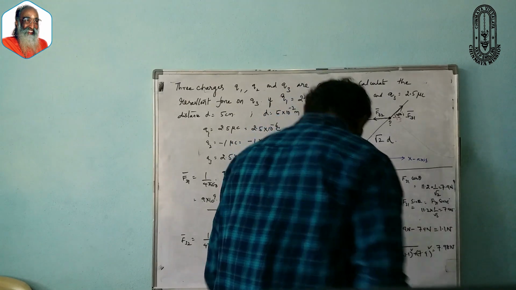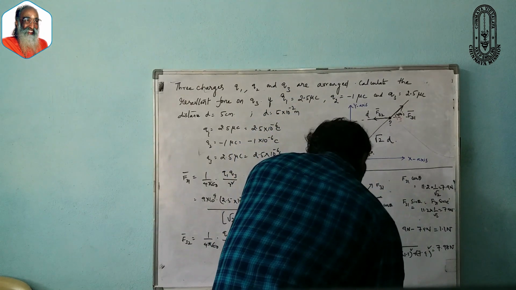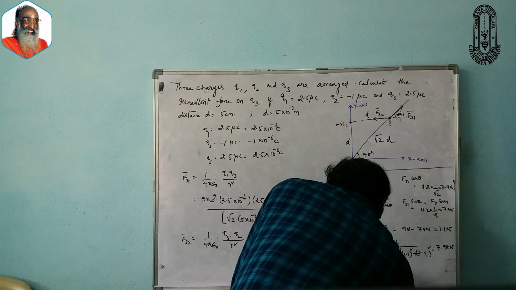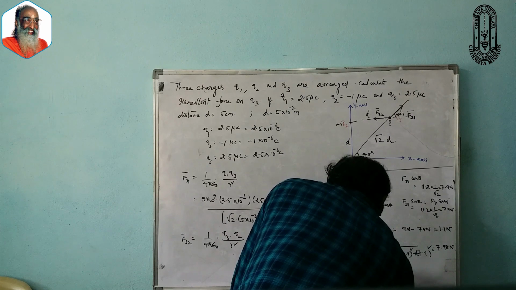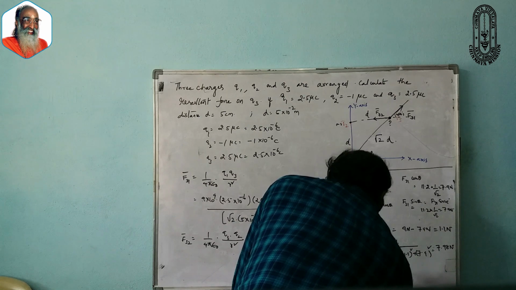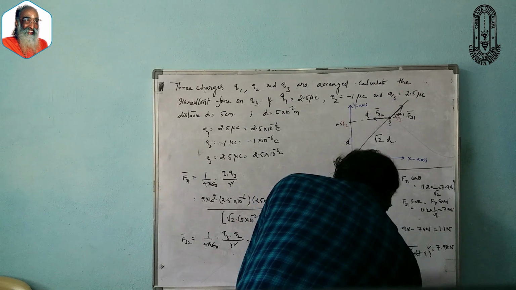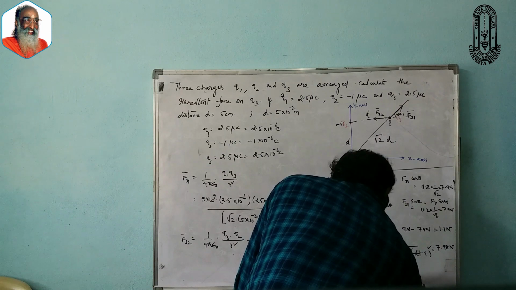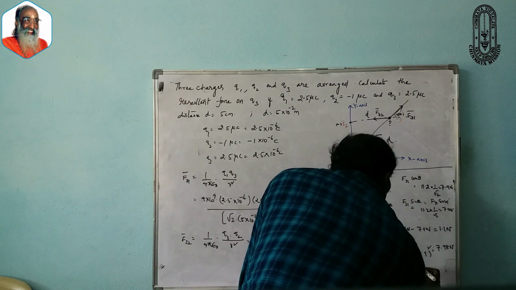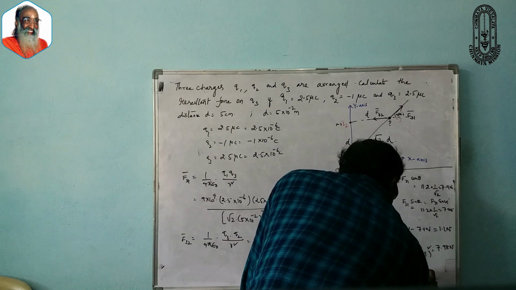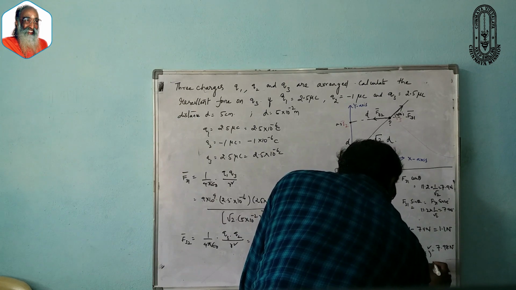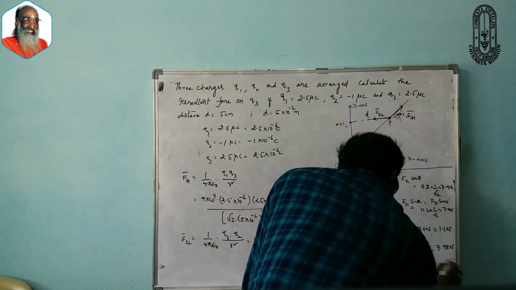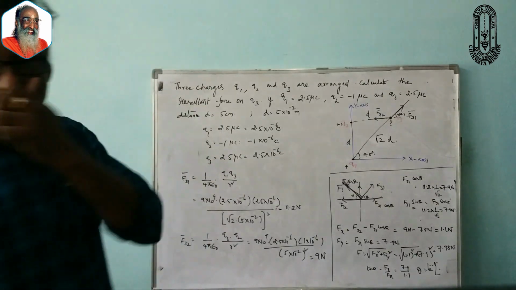So here our angle can be found out by tan theta is equal to Fy by Fx. So it is 7.9 by 1.1. So you can calculate theta is equal to tan inverse of this much, 7.1 like that. So this is how we can solve this problem.